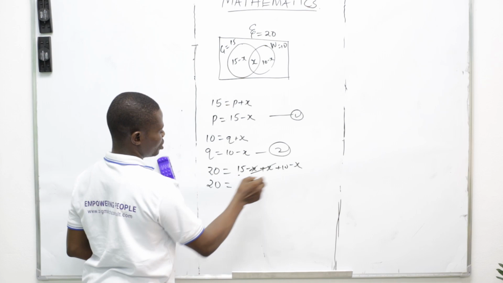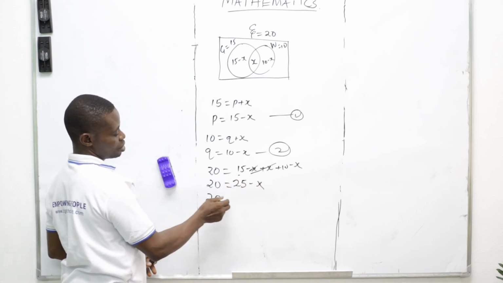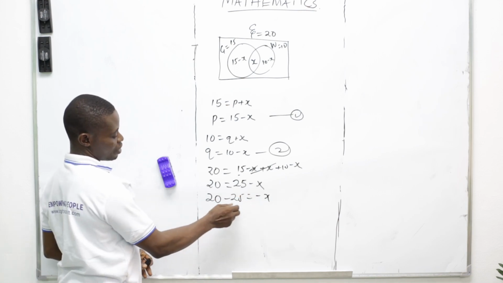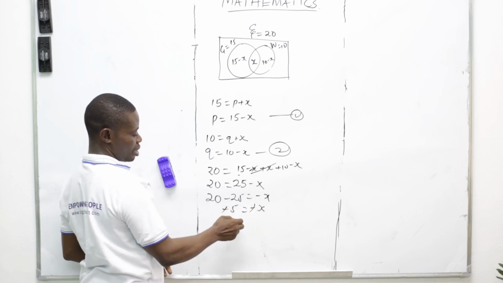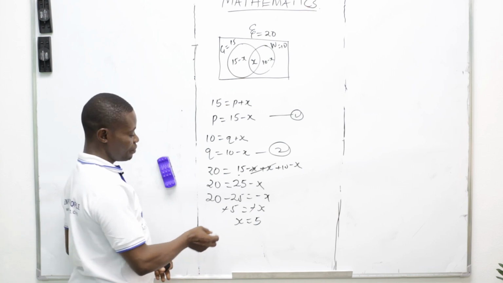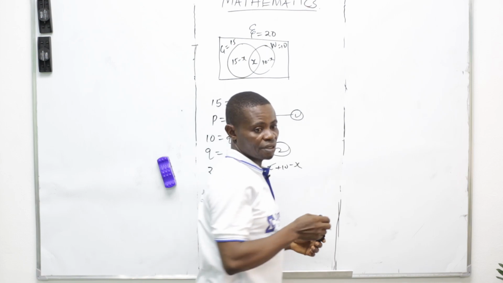This plus this is 25 minus S. That is 20 minus 25 equals minus S. Minus 5 equals minus S. Minus will take care of minus. S equals 5. So if S is 5, that is the intersection.